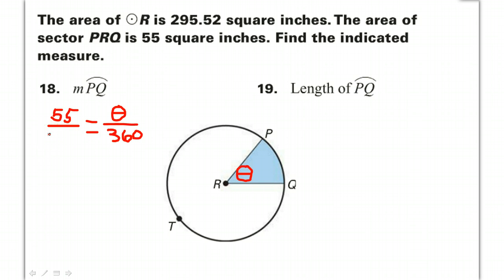We do. The area of circle R is 295.52. They're giving us the whole area. So they've given us the partial area of the sector, 55, and the whole area of the whole circle. So part over whole, 55 over 295.52.